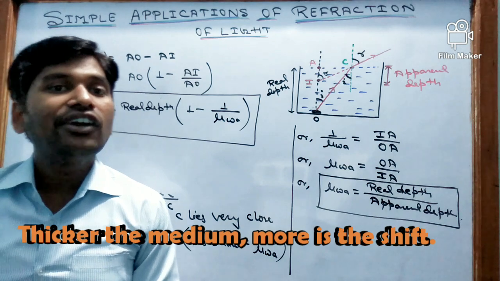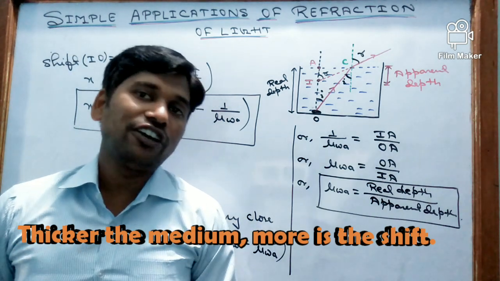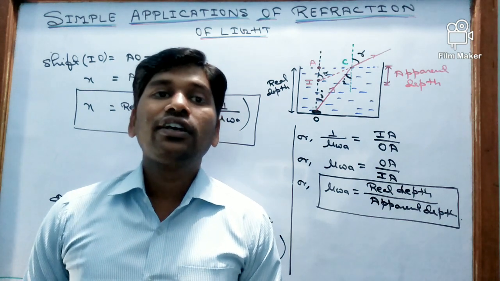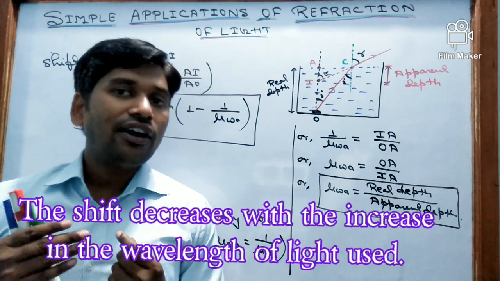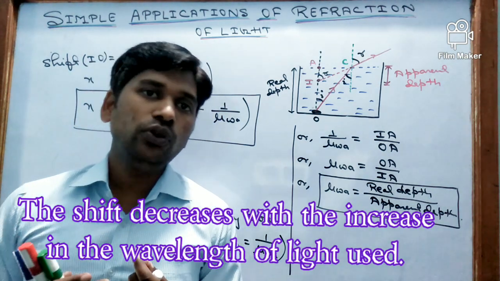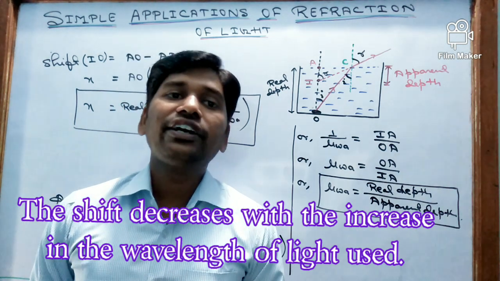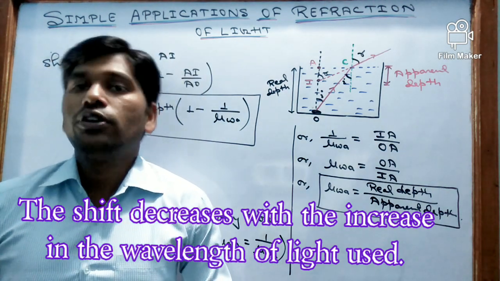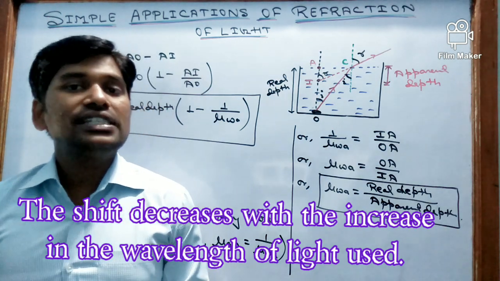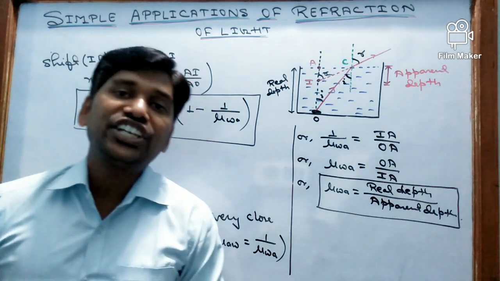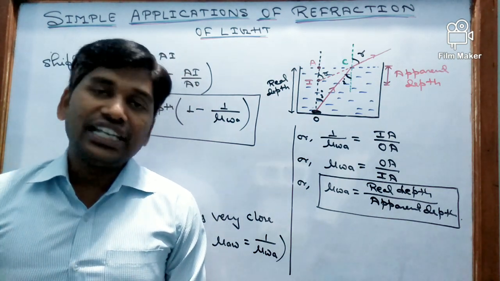And third is the wavelength or color of the light. If the wavelength is higher, then the refractive index will be less and the normal shift will also be less. So this is all about applications of refraction of light.